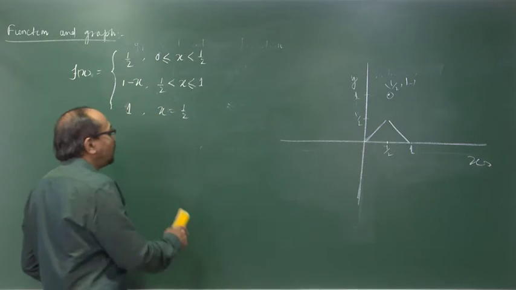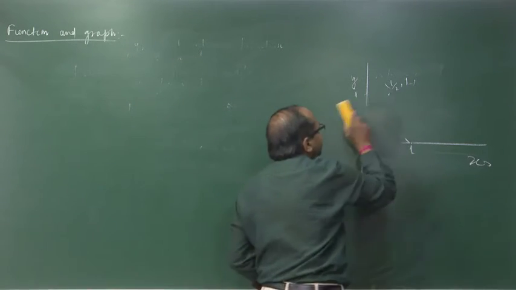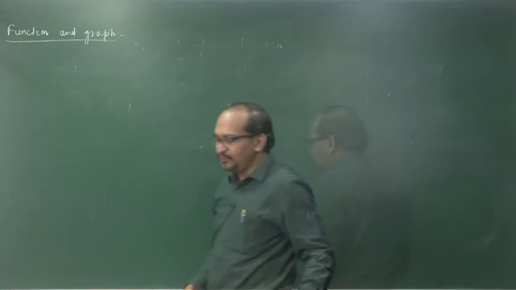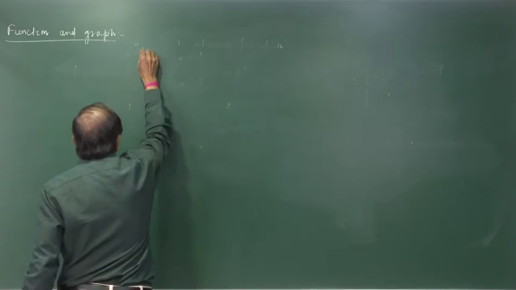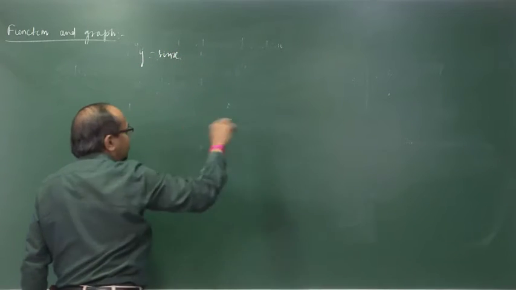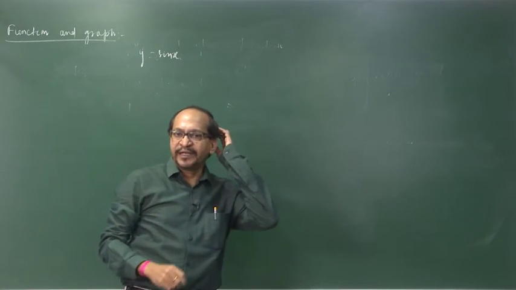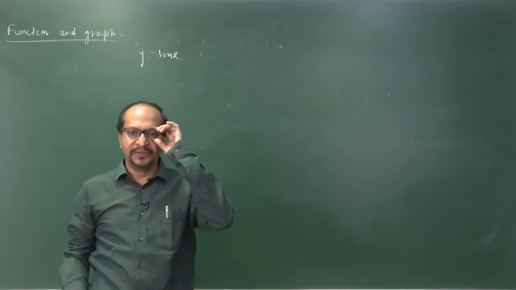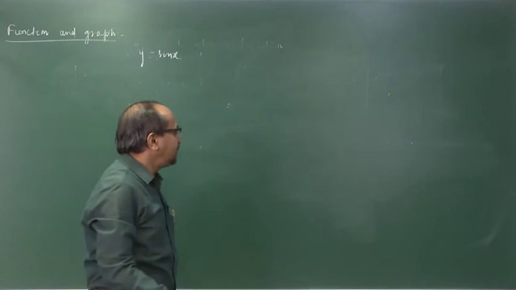Let us discuss some more different types of functions. Let us discuss trigonometric functions. You know the trigonometric function y is equal to sin x. X can have any value in the real numbers. And what is the value of y?